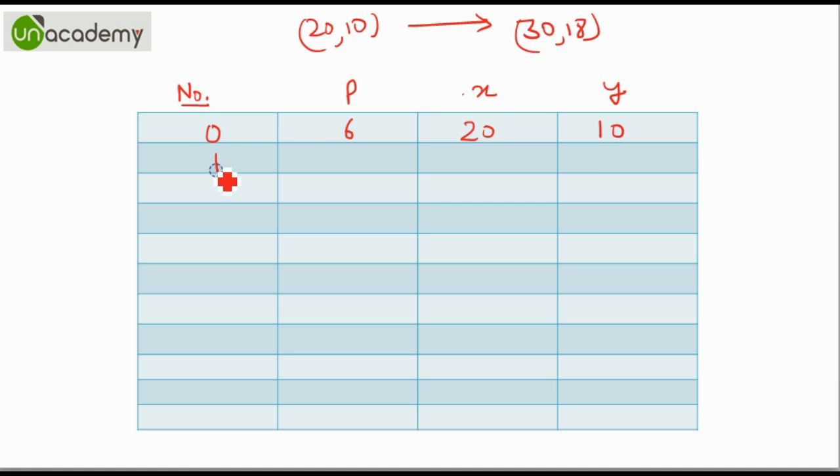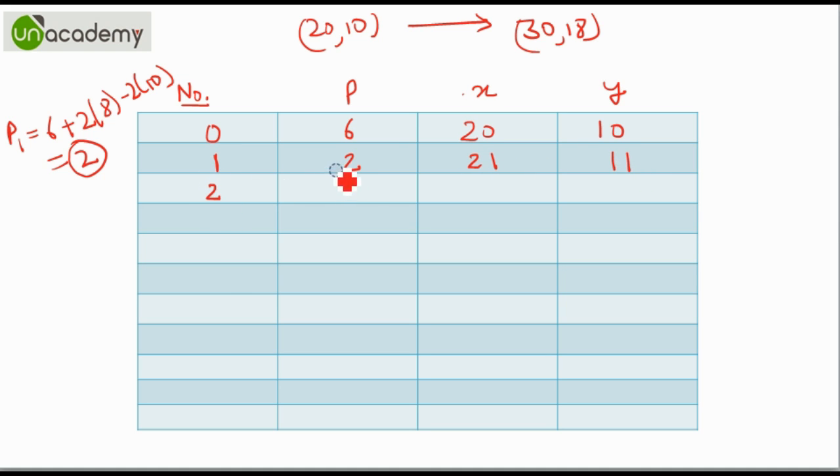Now in the first iteration we will calculate p again. So p of 1 will be 6 plus 2 times 8 minus 2 times 10. So that will be equal to plus 2. Since the p value is positive, we will increment x by 1 and y by 1.